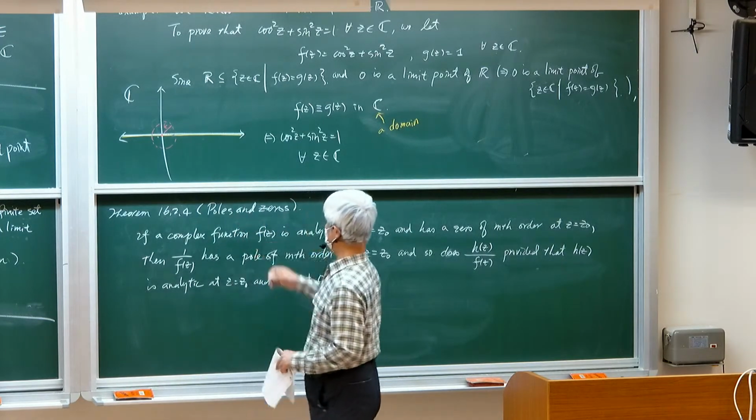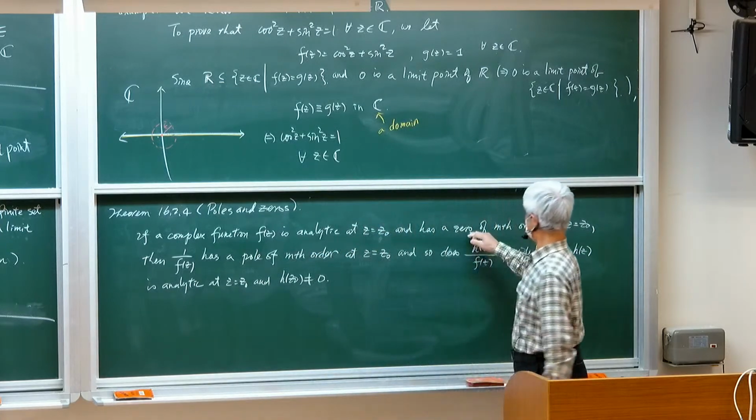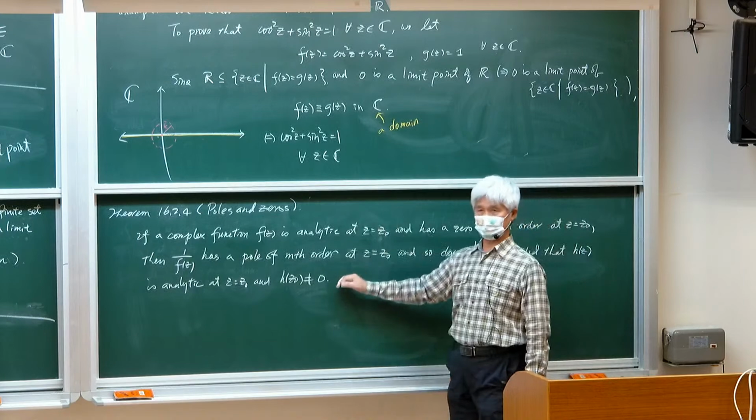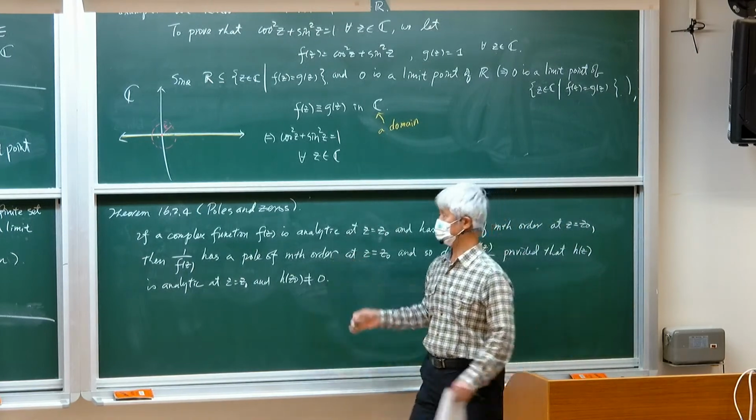So you turn a zero of finite order into a pole of the same finite order.